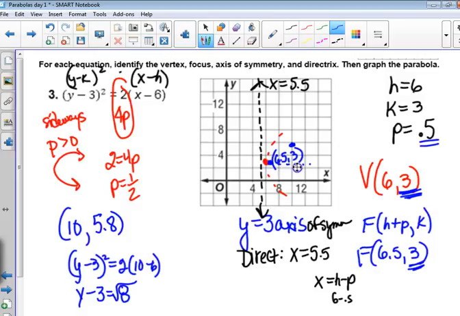Here's my axis of symmetry. I don't know. I'm going to fake it. Is it kind of narrow? Yeah. Okay. Compared to the last ones, it's really narrow, as p was less than 1.